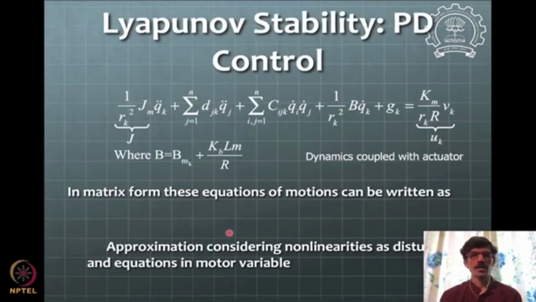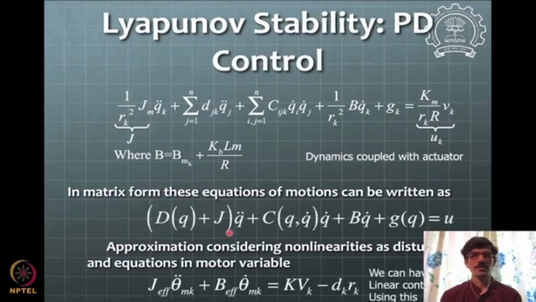We are just considering all the nonlinearities as disturbances, and then collecting them all together as these dk terms, which is nothing but this tau k term. And we can use linear control on this equation also. But right now we are interested in doing some nonlinear analysis with this equation.